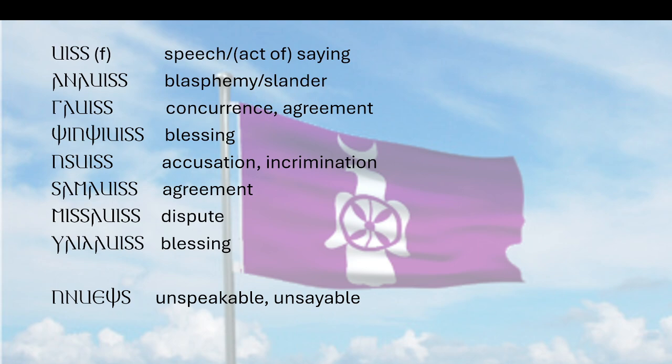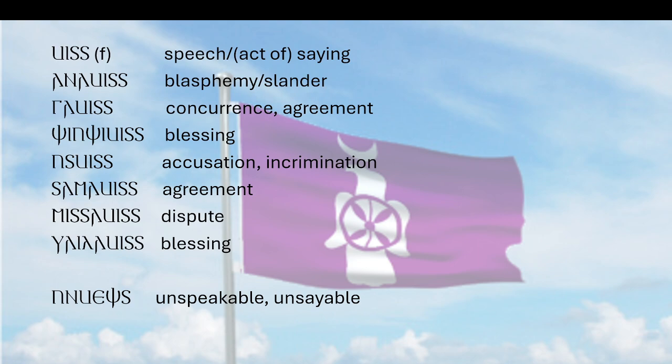So first we have anarchis, which is basically the noun of anarchisan we've just learned, and it means blasphemy or slander. Gakris, concurrence or agreement, basically the noun form of gakrisan. Theosikris, meaning blessing.